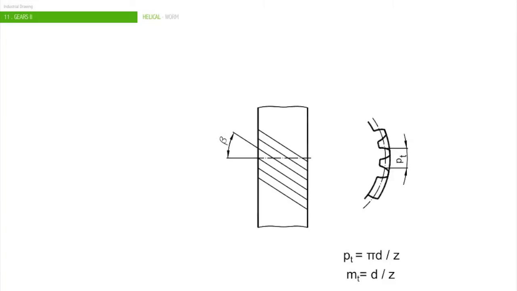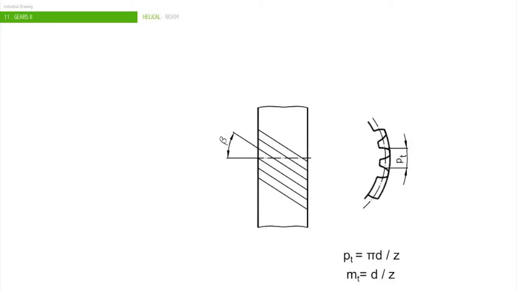Then we can get the circular pitch, which is the distance between two consecutive points on the pitch circle.